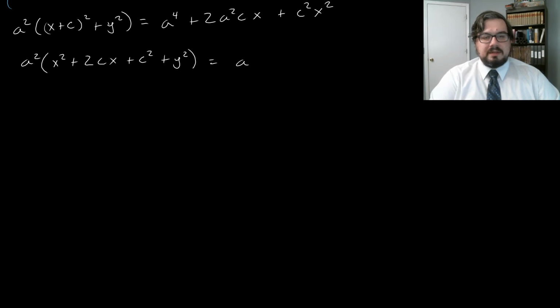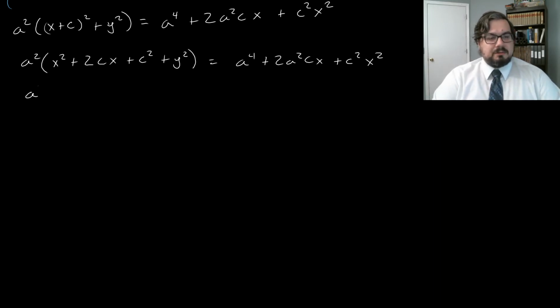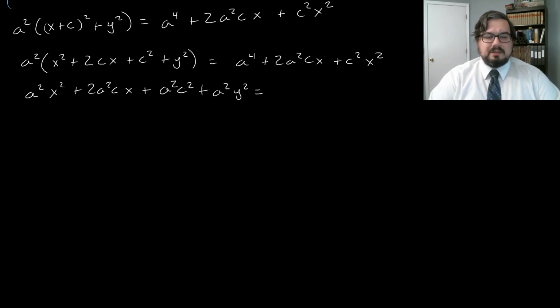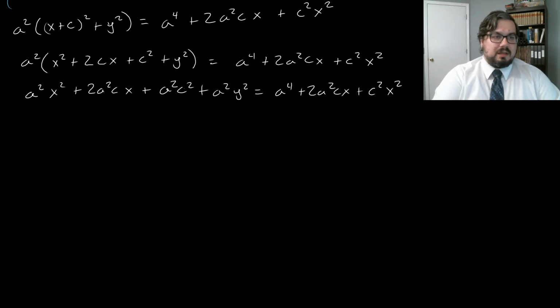And on the right, we have a to the 4th plus 2a squared cx plus c squared x squared. Distributing the a squared through on the left gives us a squared x squared plus 2a squared cx plus a squared c squared plus a squared y squared. That all equals a to the 4th plus 2a squared cx plus c squared x squared.